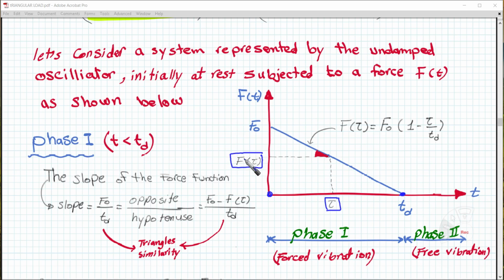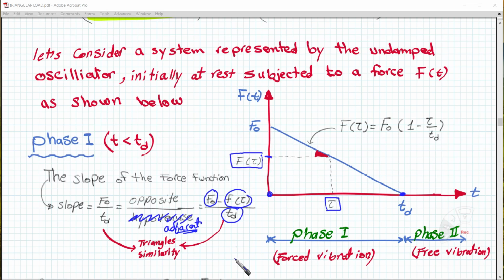This is the function which is going to be variable according to the location of tau on this axis. So we are going to say that f node minus f of tau, which is the value of the function at this particular time tau, over td. As I said, td is not the hypotenuse, it is the adjacent. So remember, put it in your note.